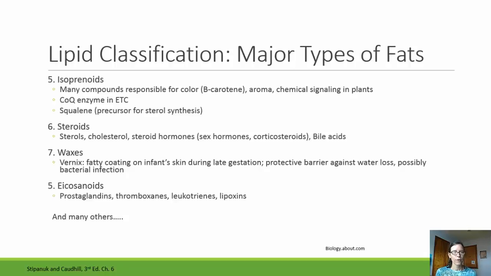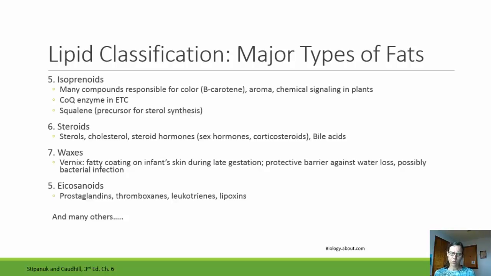And again, I won't go into this one as much, but they are compounds responsible for colors such as beta carotene, aroma, and chemical signaling in plants, and are also important in CoQ enzyme and the electron transport chain, and in squalene, which is a precursor for sterol synthesis, which we'll talk about next week. We also have our steroids, which we'll go into more detail on next week, and bile acids.